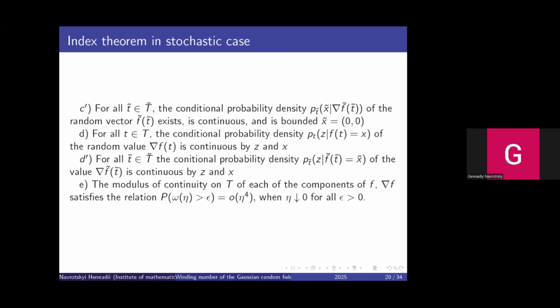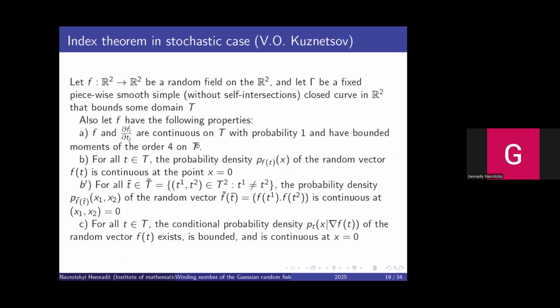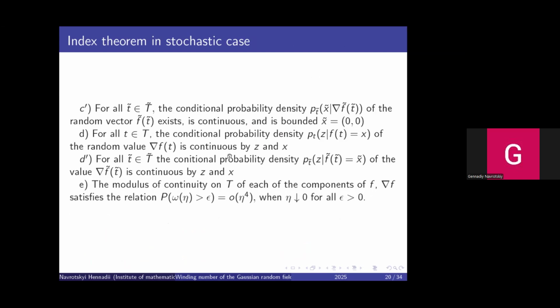So then Kuznetsov developed and proved such a theorem. Its conditions are satisfied, for example, by an isotropic Gaussian random field with a covariance function which is infinitely differentiable and belongs to the Schwartz space.